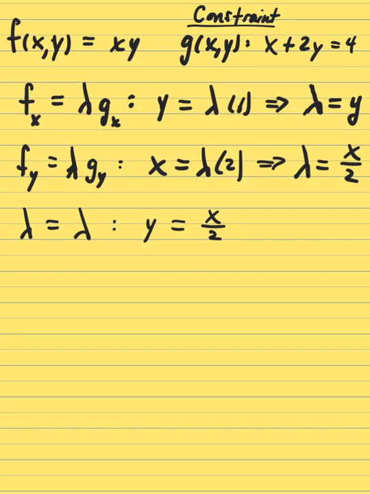Since we've already gone to the trouble of setting y equal to x over 2, we're going to go to the constraint and replace that y with x over 2. That way, your constraint will only be in one variable instead of 2.